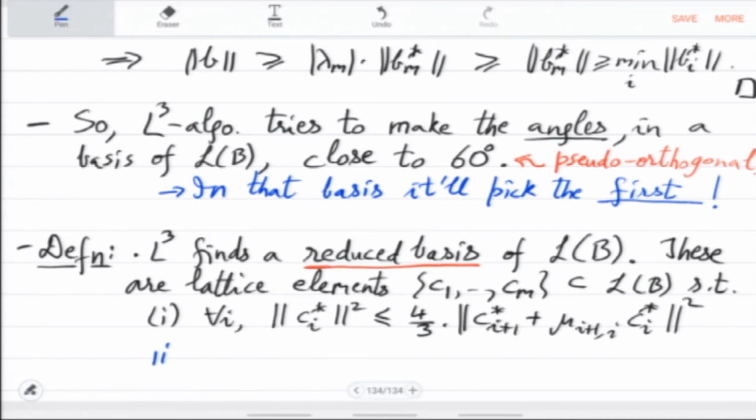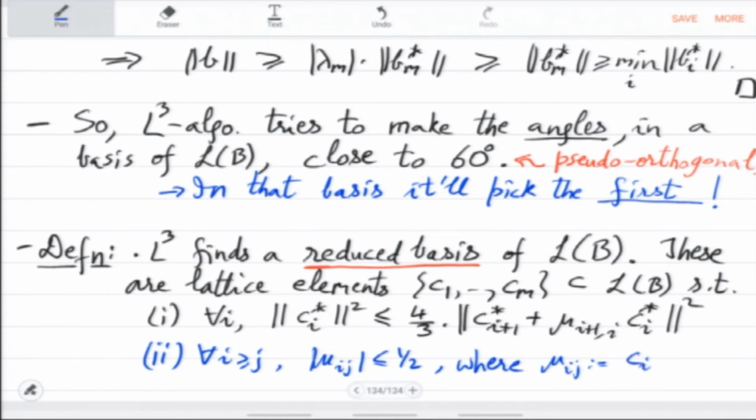And the second condition it wants is that after GSO on C1 to Cm, this so-called reduced basis, the mu ij should be at most half, where mu ij is defined as before in GSO.